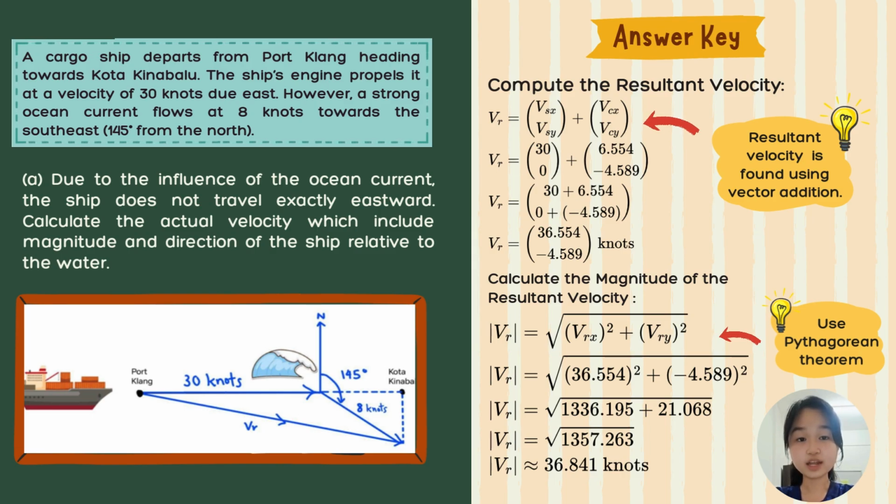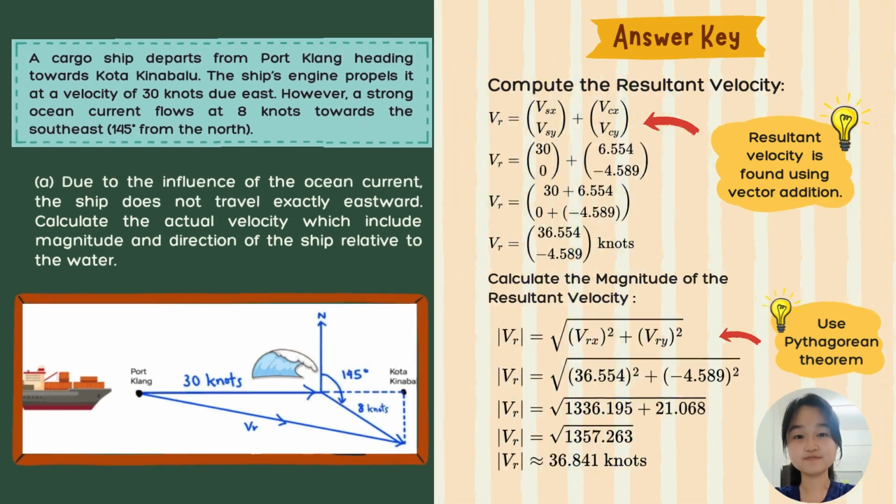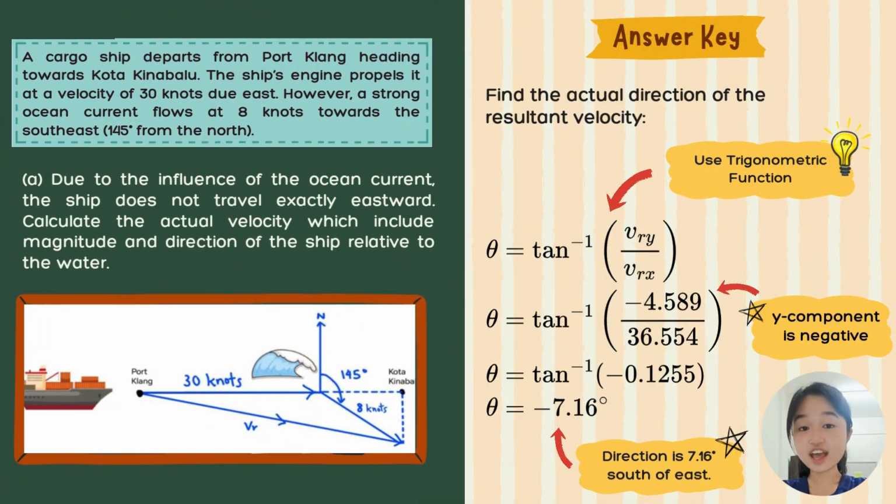Next, we calculate the magnitude of the resultant velocity. We can use the Pythagorean theorem. After doing all the calculation here, we will know that the magnitude of the resultant velocity is 36.841 knots.